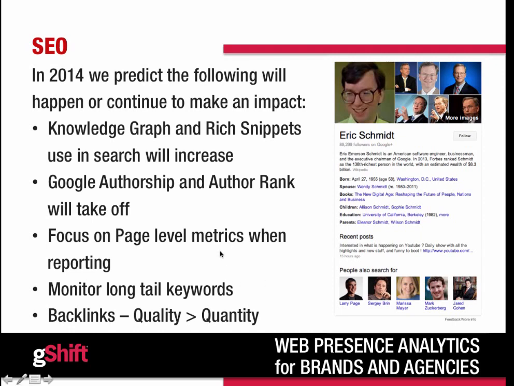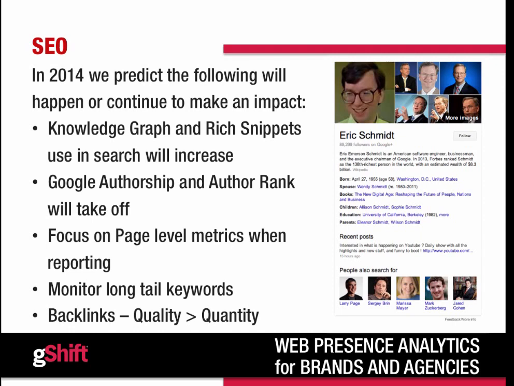Rich snippets, again, they've been in use for a couple years now. What is a rich snippet? A rich snippet is a piece of code developed by Schema Organization, which is an organization put together with all the different search engines, which basically just helps identify what your code actually is saying, and allows the search engines to use that data in their search results to enhance the user's experience.